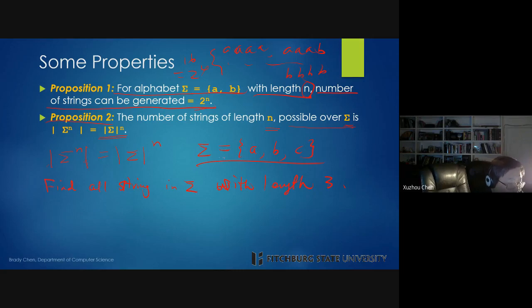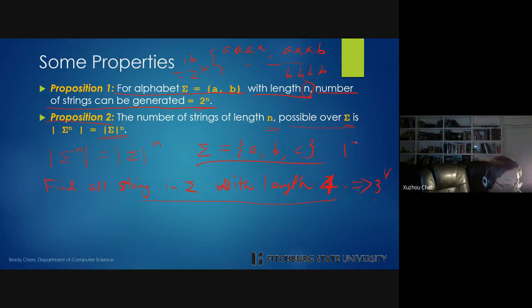If sigma equals A, B, and C, we have 3 symbols. Proposition 2 says the total number of strings of length 4 over sigma is 3 to the 4th.